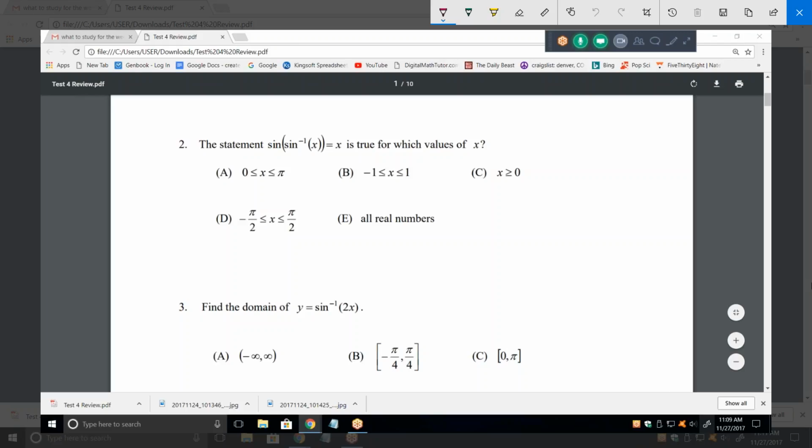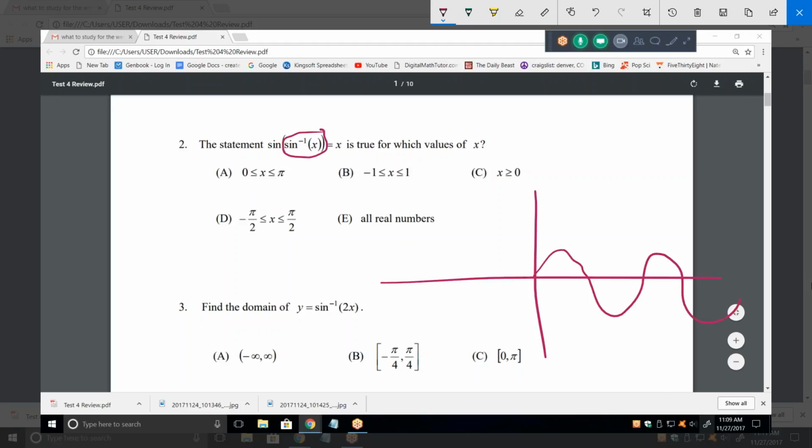In other words, you're tempted to say E, all real numbers. But if we look at just this part right here, we have to examine what the domain is of x. And that's the same as the range of sine of x. Well, the range of sine of x is 1 to -1, which makes that the domain of inverse sine of x. You've got to start from the inside out.